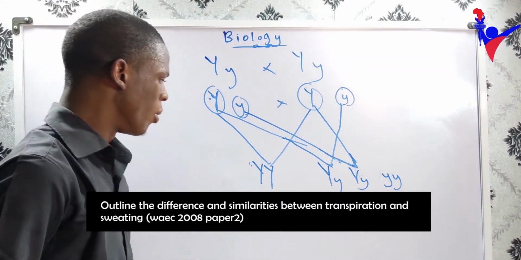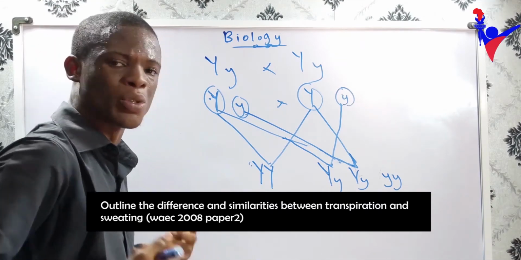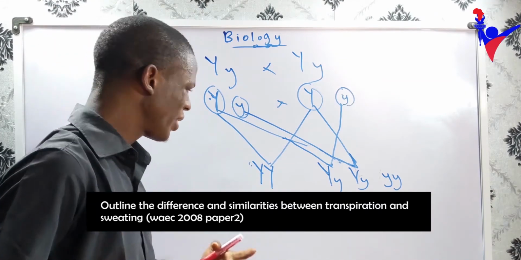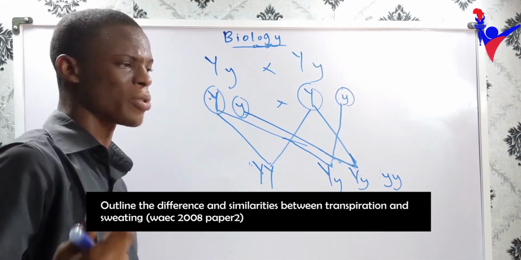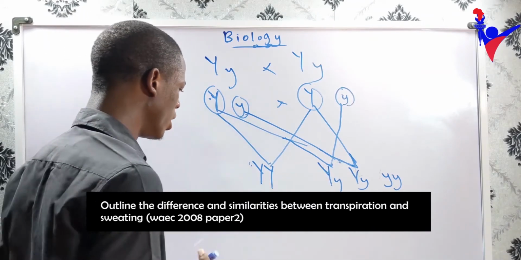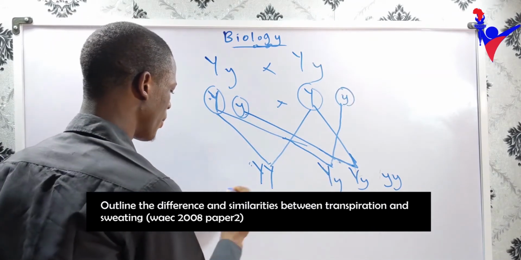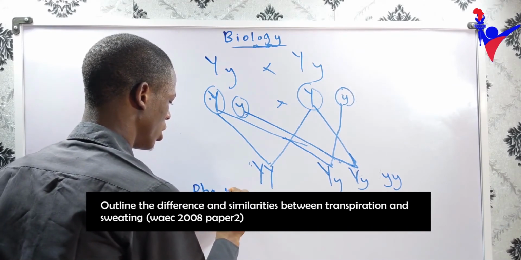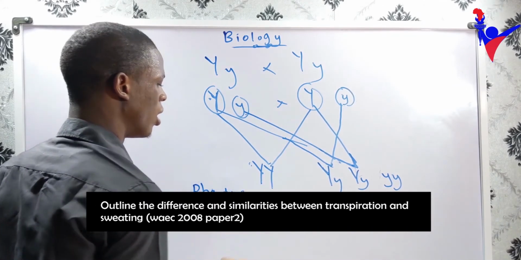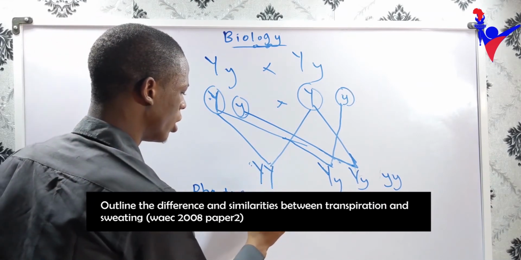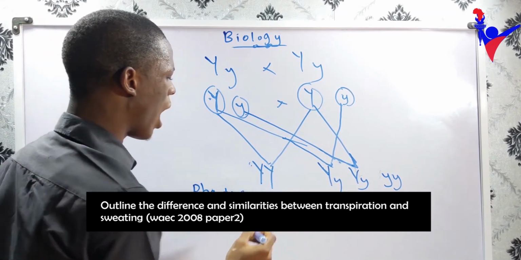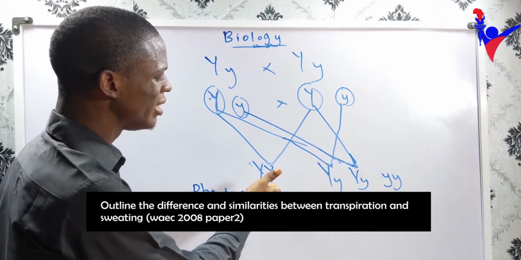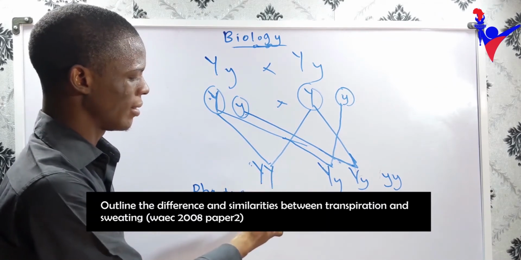Phenotypic ratio: phenotype is what you see physically. Phenotype is what you can observe physically, and from here we can say our phenotype, we have what? We have a yellow plant.